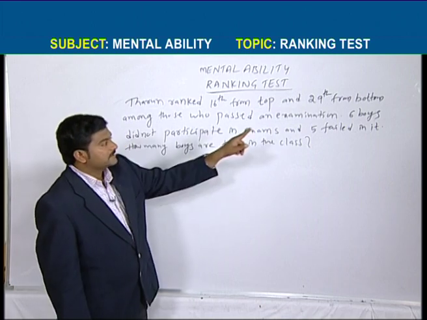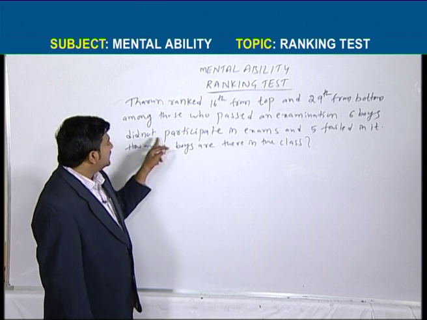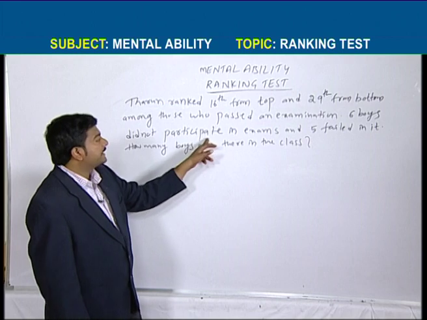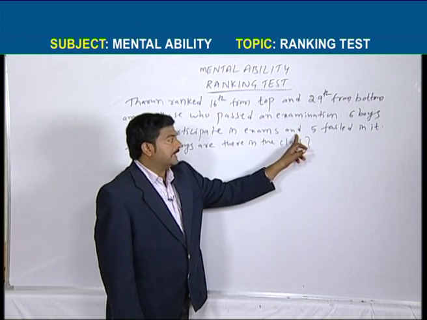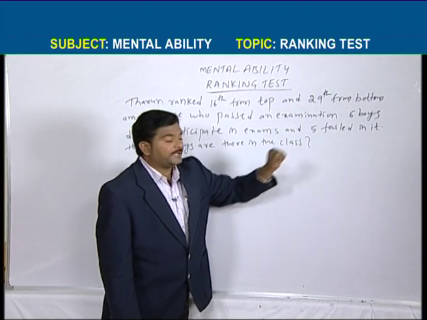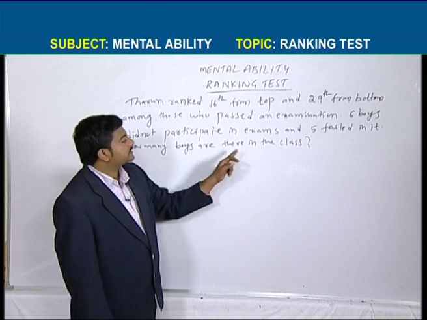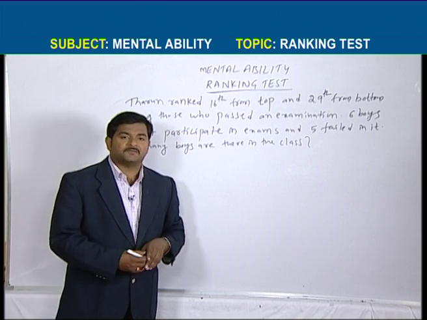It is very clear. 6 boys did not participate in the exam and 5 failed in it. How many boys are there in the class? That is the given question.